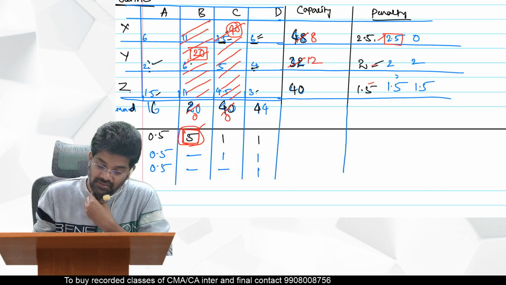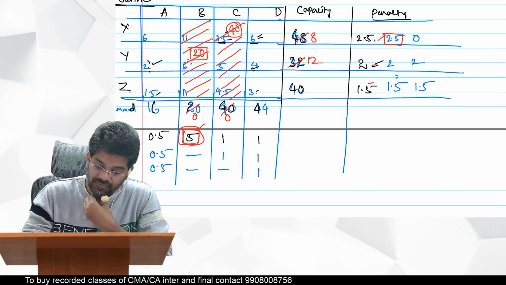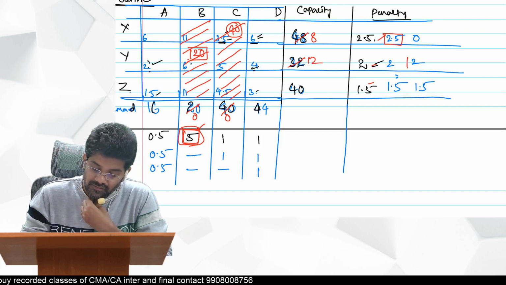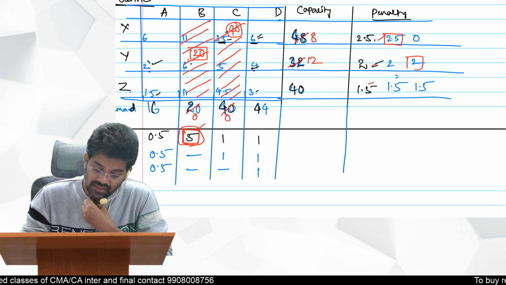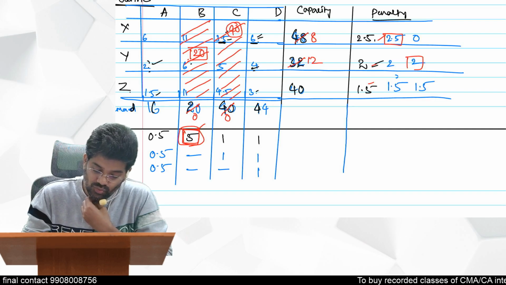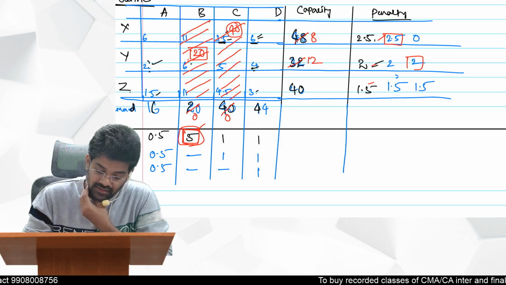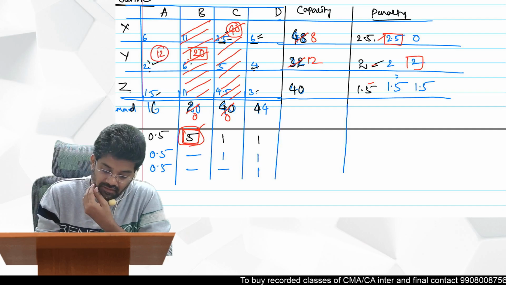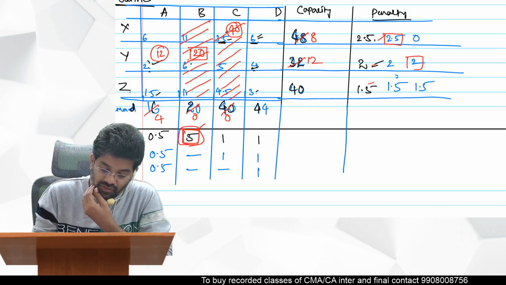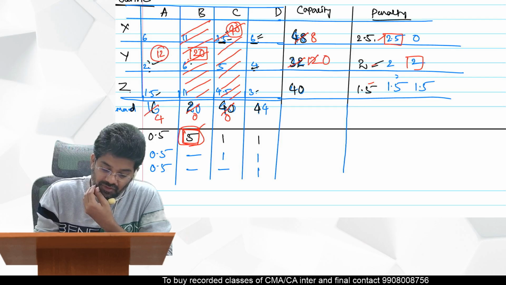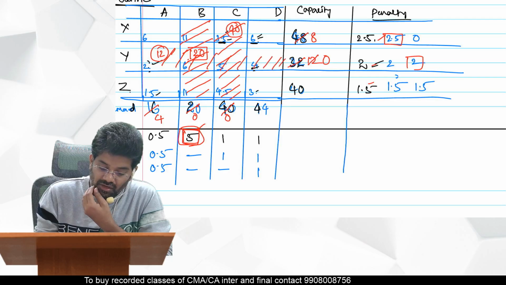Out of this the maximum is 2. What is the least cost in this? The least cost is 2. How much can we allocate here? Either 12 or 16, whichever is lower. So 12 we can allocate. This one will become 4, this one will become 0. So now this particular row is not available.